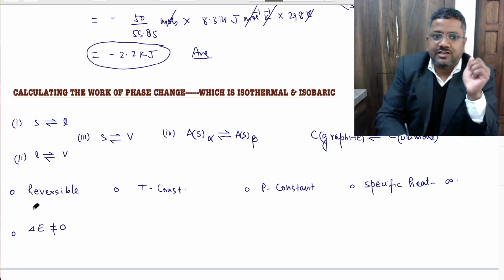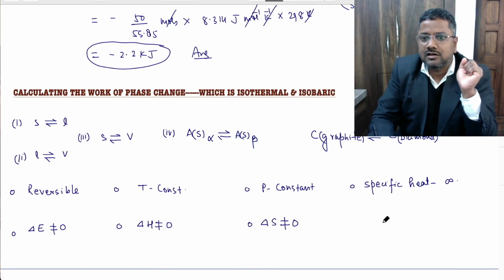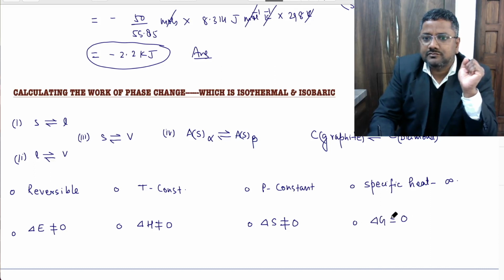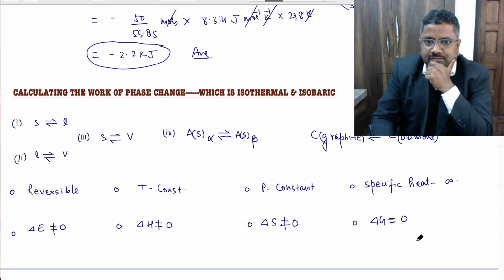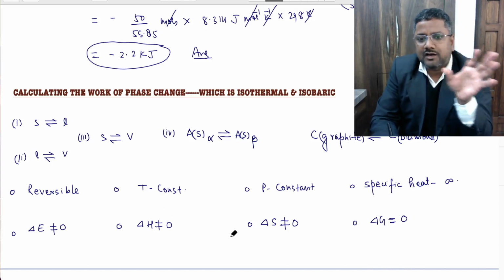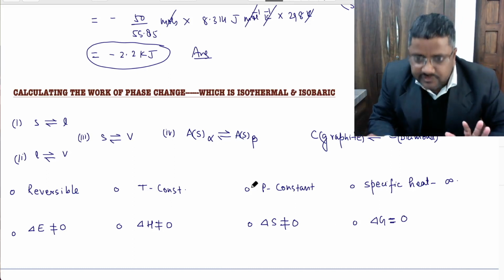So in phase change, delta E is not equal to 0, although temperature is constant. Delta H is not equal to 0. Delta S is also not equal to 0, but delta G is equal to 0. For any kind of phase change, these thermodynamic parameters are always valid.